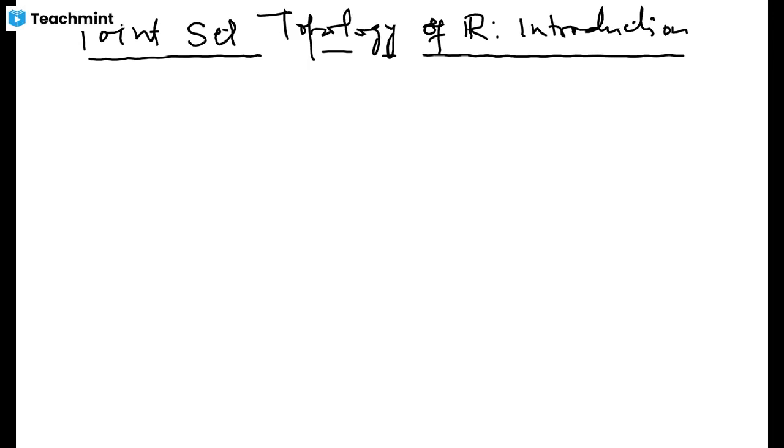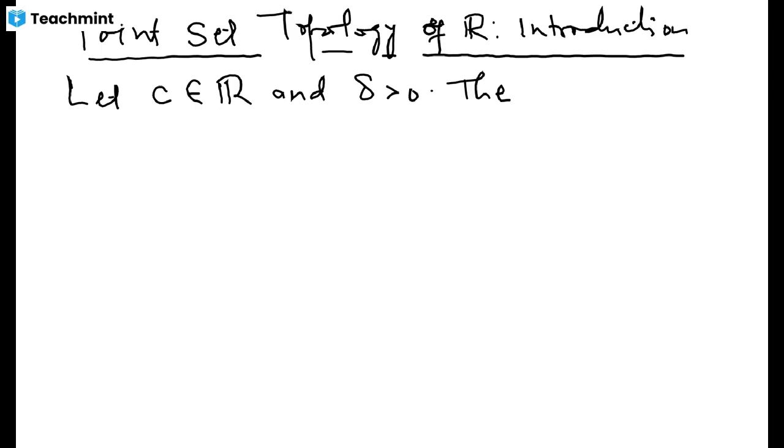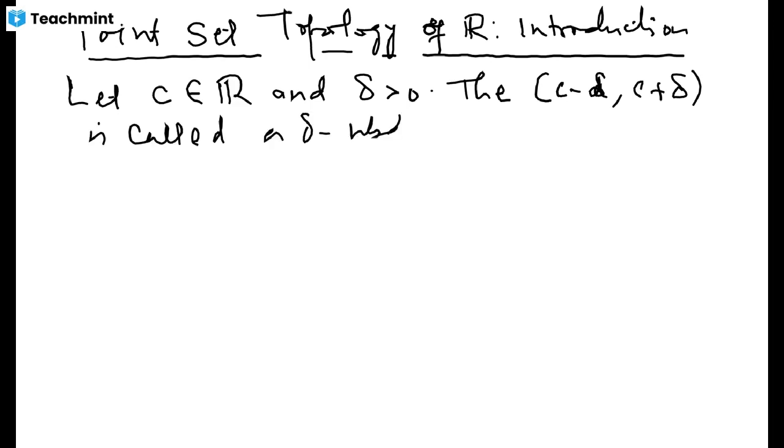Let us take a real number c, and let delta be any positive real number. Then let us call the open interval whose endpoints are c minus delta and c plus delta a delta neighborhood of point c.